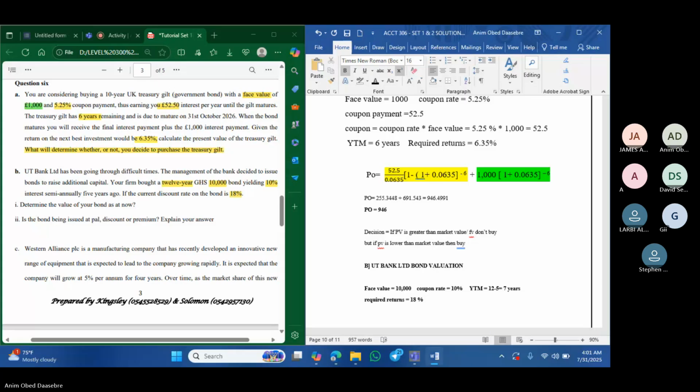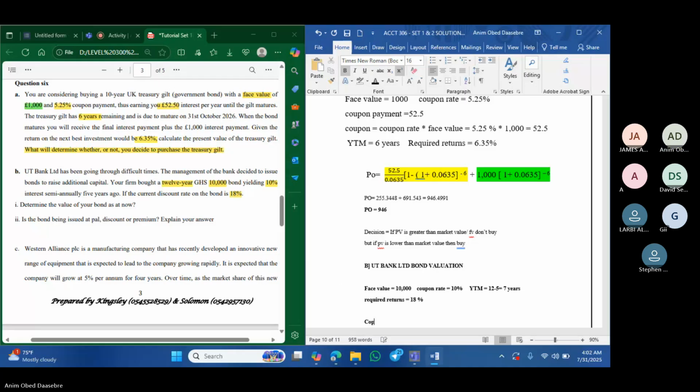And the coupon payments. Now you need to find the coupon payment. They didn't give us the coupon payment, so to find the coupon you adjust the coupon rate. 10% divided by 2 gives us 5%.